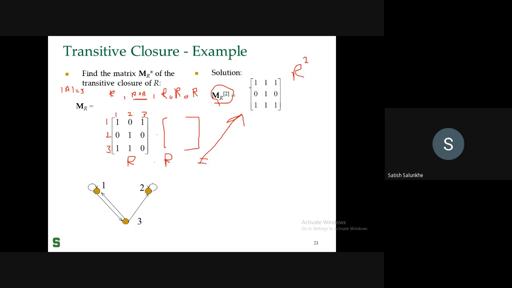Now you want R3. How will you get R3? It is basically R composition R2. So you will get R3. And that's it. Set A contains 3 elements, so the maximum composition that you can carry out is up to n level.